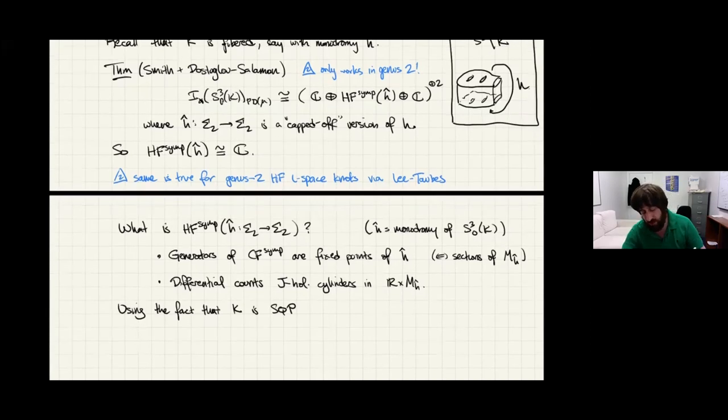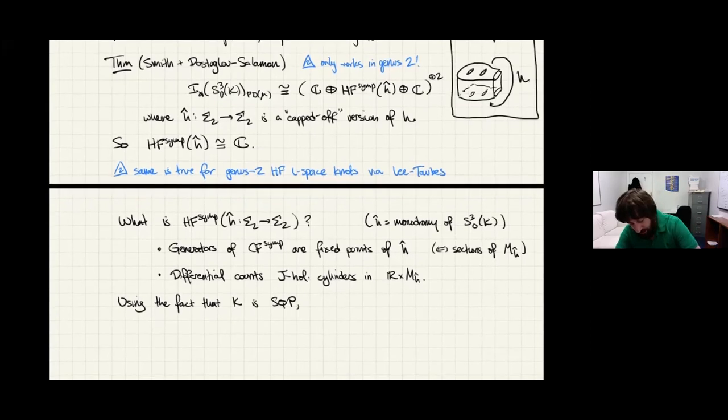You can use that to determine that the capped off monodromy H hat is a so-called pseudo-Anosov map.